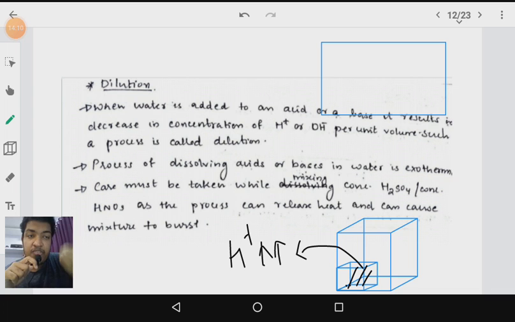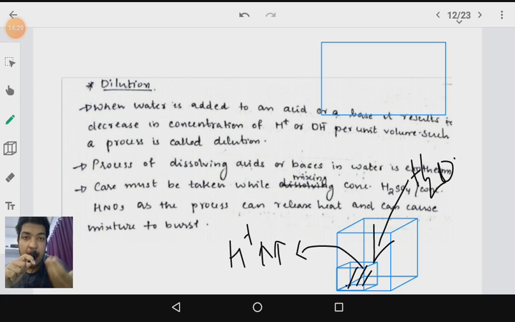To this acid which is having a high amount of H plus ions, I am going to add water. So when water is added into this container which is having a high concentration of H plus ions, now the container has both acid as well as water, right? So now per unit volume, how much H plus ion was there, that will start decreasing.